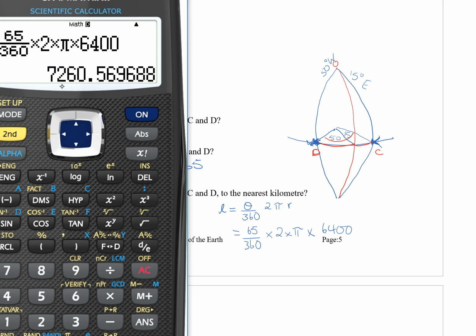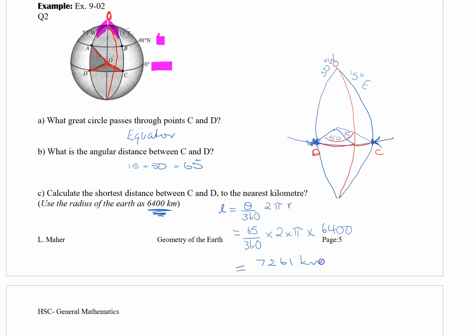I could just see in the question it said to the nearest kilometre. And you know that that would mean we cut off the 5, which rounds the 0 up to a 1. So 7261 to the nearest kilometre.